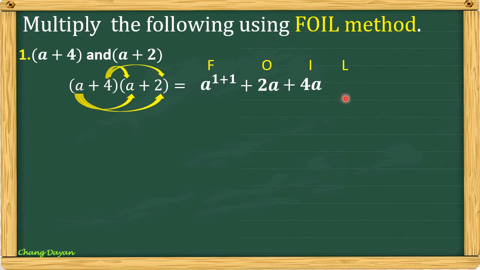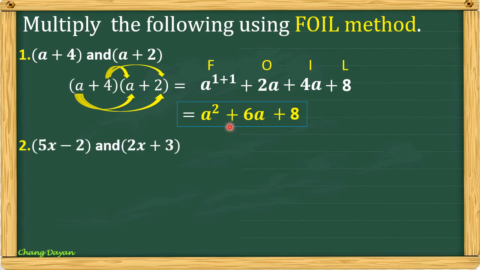And for the last term, we'll multiply 4 and 2, and we'll get positive 8. Then let us simplify. A raised to 1 plus 1 is equal to A squared. Then add 2A and 4A. We'll get 6A. Then just copy 8. Therefore, our product here is A squared plus 6A plus 8.